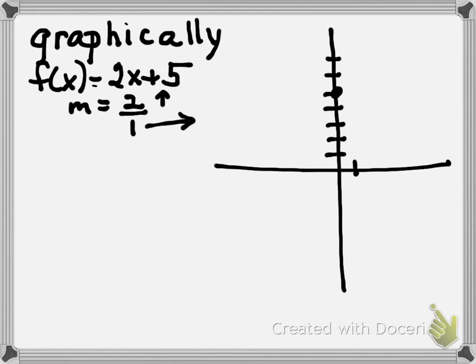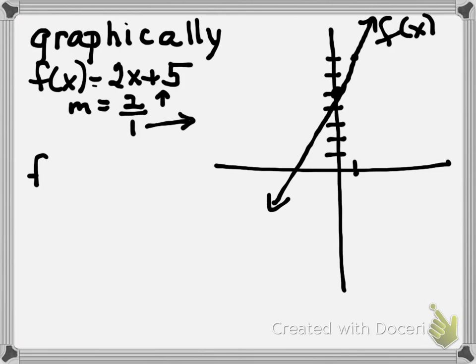Now I can continue to do this and get more points. You could have used a table of values. You could use the x-intercept, y-intercept method. There are a number of different ways that you could graph this. But this is the graph of f of x. Notice it passes the vertical line test to be a function, and it passes the horizontal line test to be 1 to 1.